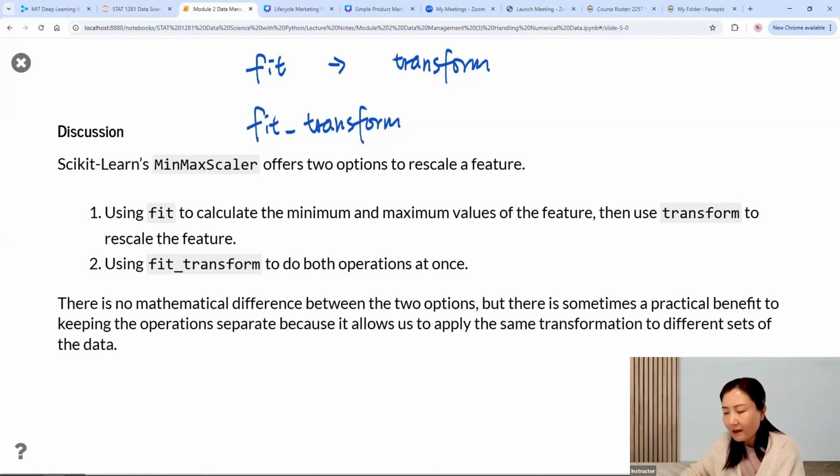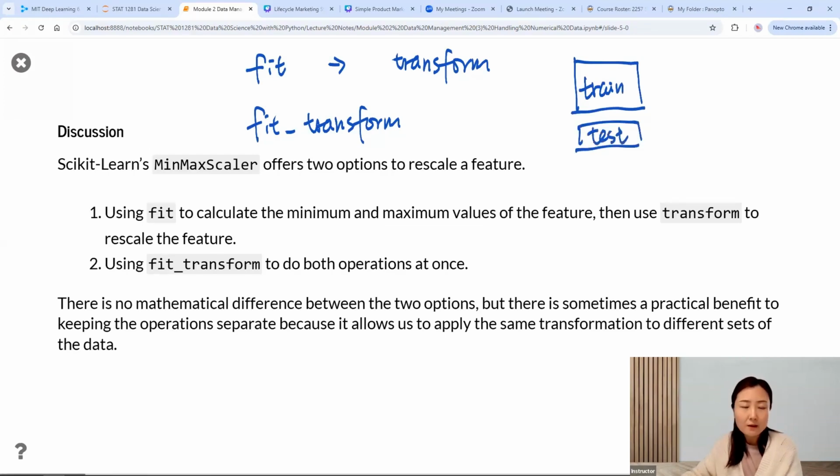Okay? That is because usually in machine learning, before we even start training the data, we split the data to 2 parts: a training data set and a test data set. Right? So usually when we pre-process data, we will apply the fit method on the training set and calculate necessary statistics.